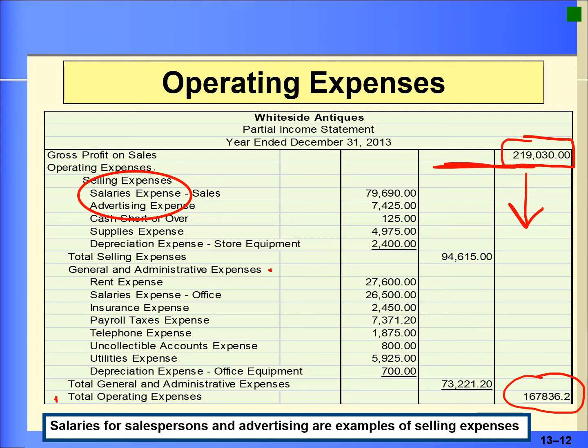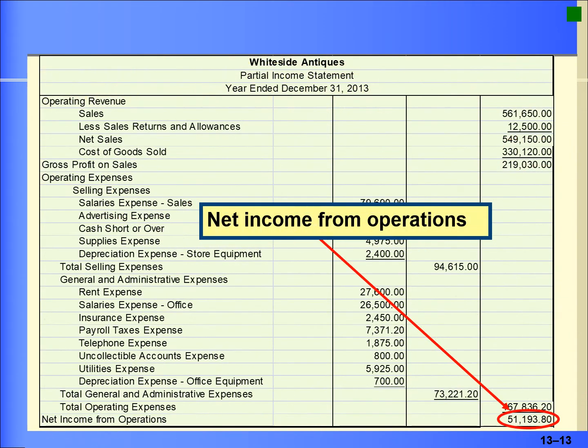All right. At that point you have a couple more categories to look at, but that's covering just about all of your multiple step income statement. So then you notice finally, this is a nice little picture of your partial income statement. Here's your net sales. There's your cost of goods sold.